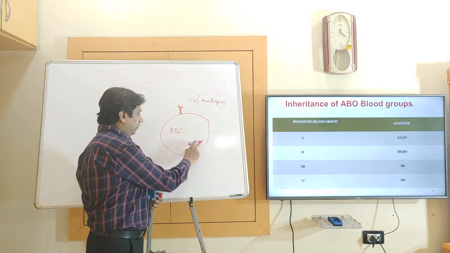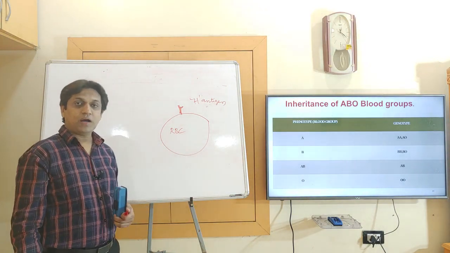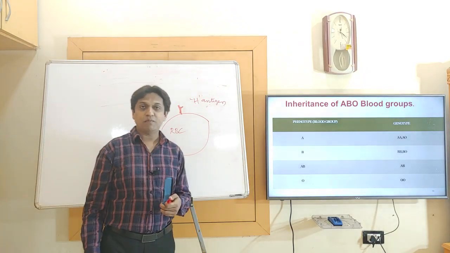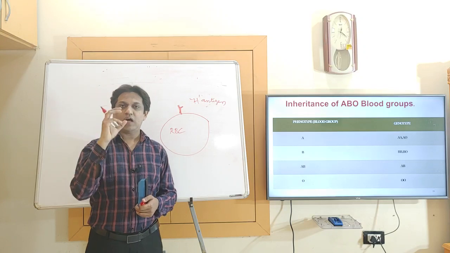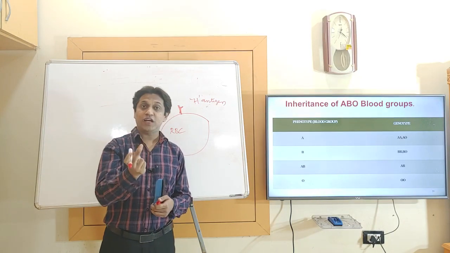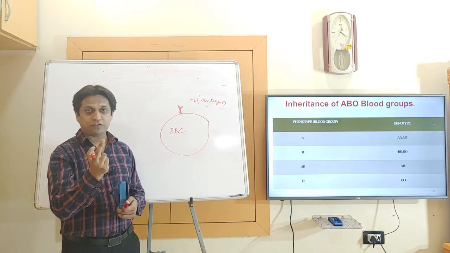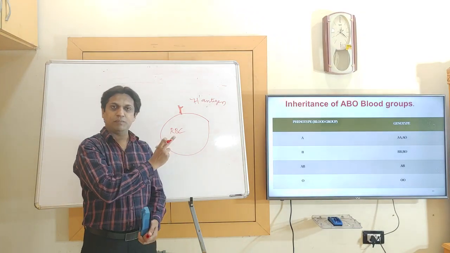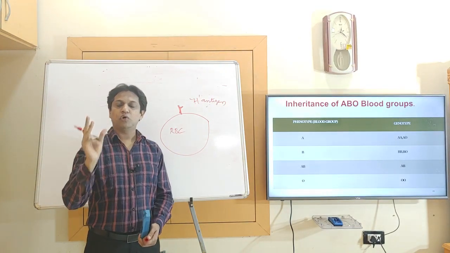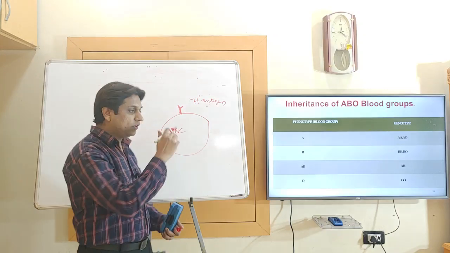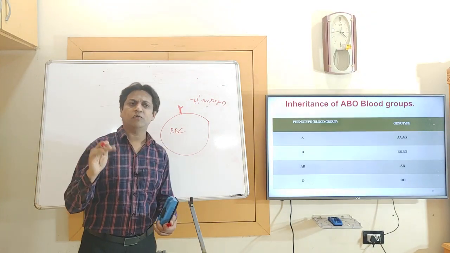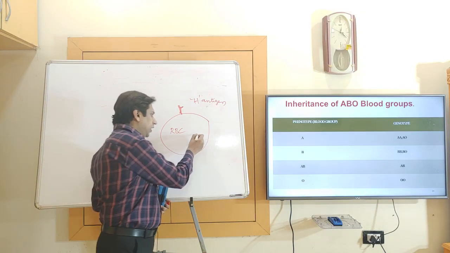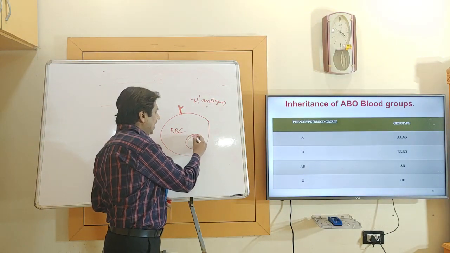But the RBC is anucleated, right? During the development of an RBC, that is during erythropoiesis, if you remember, the RBCs are initially nucleated cells until the reticulocyte. After that, a mature RBC appears with no nucleus. During maturation, many intermediate cells such as early normoblast, intermediate and late normoblast, and erythroblast develop, and they have a nucleus.